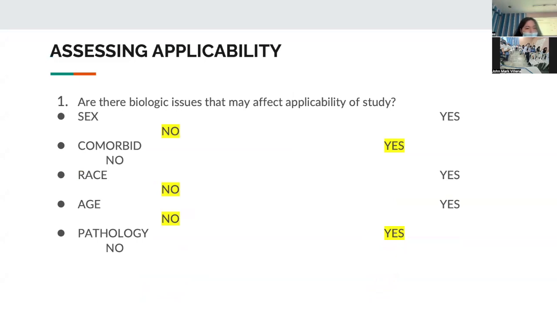And then assessing applicability, are there biologic issues that may affect the applicability of this study? Yes, for comorbid and pathology, since preoperatively 50 patients had signs of congestive hepatopathy, 39 patients had history of NYHA class 3 or 4, and more than 50% of the patients had a diagnosis of atrial fibrillation, and other comorbidities including coronary artery disease, DM, hypertension, and previous myocardial infarction.